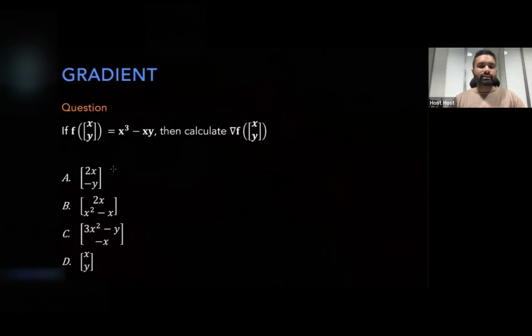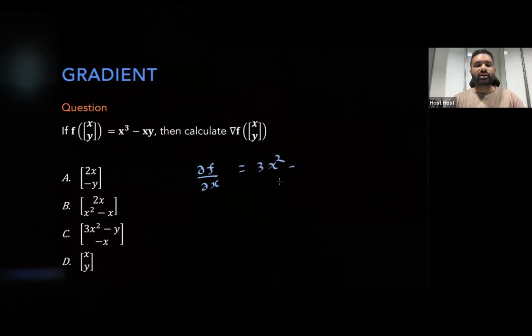Let's consider this example. I have slightly modified the function, which is I have made it x cube minus xy. Now calculate the gradient of f at a certain point x, y. Since x and y we are referring to as variables, each entry in this particular vector will have a certain function. So del f by del x will become something like 3x square. Sorry, x is a variable in this case, y is a constant.